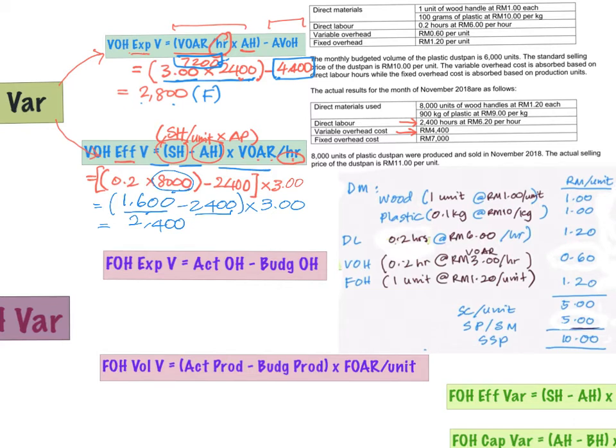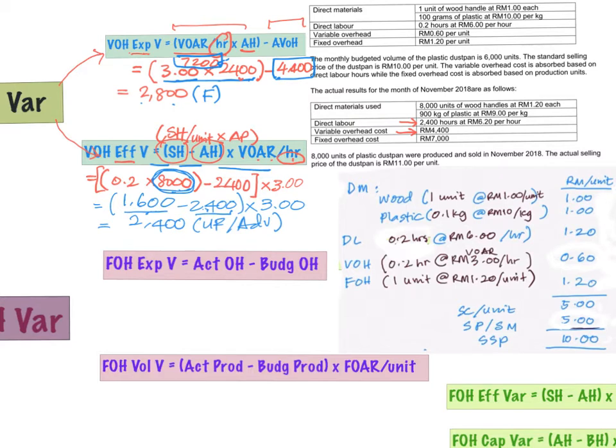So from here, you can see that this is not good. It means that you take more than what you should take to produce the same amount of units. So because of that, the 2,400 that you have here is what we call unfavorable, or we call it adverse. Okay, so that's it for variable overhead variance.